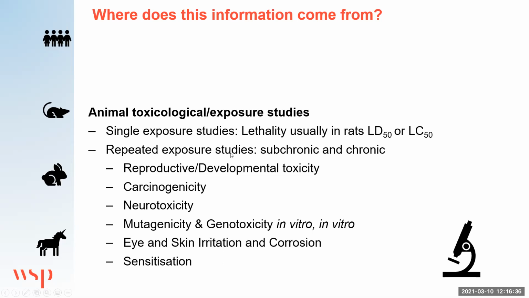Then there are repeated exposure studies, where groups of animals are repeatedly exposed over a certain amount of time, usually subchronic or chronic. Subchronic usually means around 90 days or 13 weeks. Chronic is usually longer than 3 months, but that can depend on the species. These are some of the toxicity outcomes that will be measured or looked at, and we'll delve into these a bit further on.